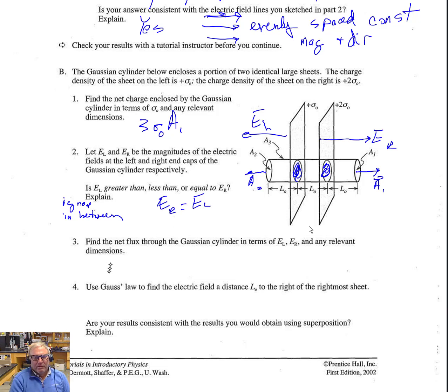Oh, yeah, right. So this is similar to earlier. Where now, let's think about this. We have 3 sigma 0 A2 E left plus 3 sigma 0 A1 E right.